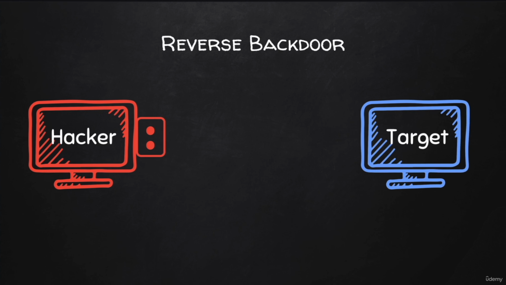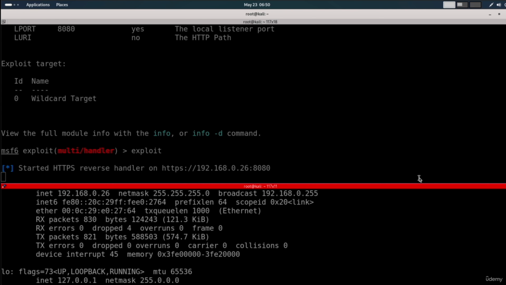So now that we are listening for incoming connections on our hacker machine, we are ready to go ahead and execute the backdoor at the target machine and receive a reverse connection from it and remotely control that computer. So first of all, we're gonna have to transfer the backdoor to the target machine. In the next lectures, I'm gonna cover smart methods of delivering backdoors and malware to the target computers.